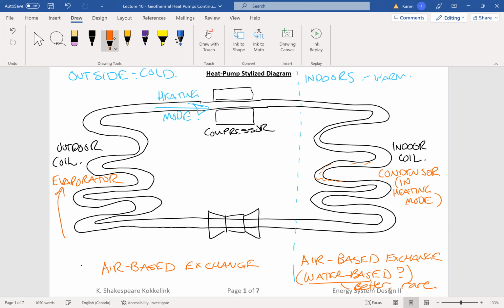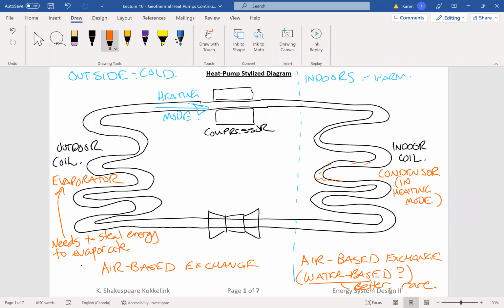The way you can think about this evaporator is it needs to steal energy to evaporate. So excuse my slang words there. It needs to steal energy to evaporate.